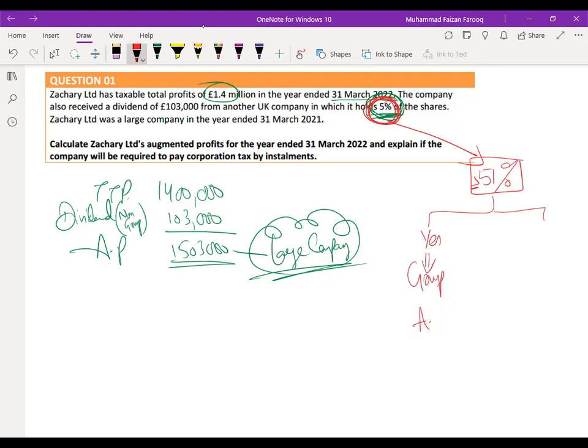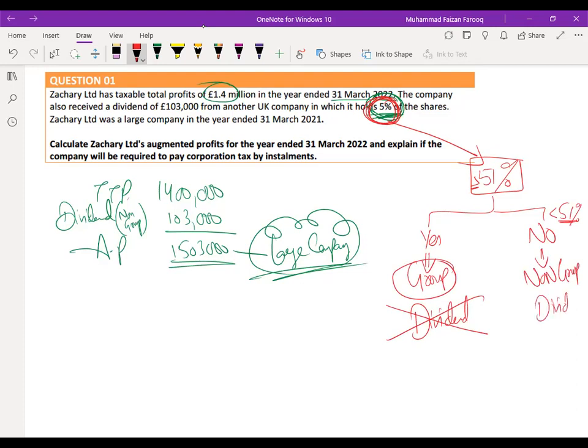We are not going to take the dividend if it is 51 or above because it's a group. But if it is less than 51%, it's non-group and the dividend we will take.